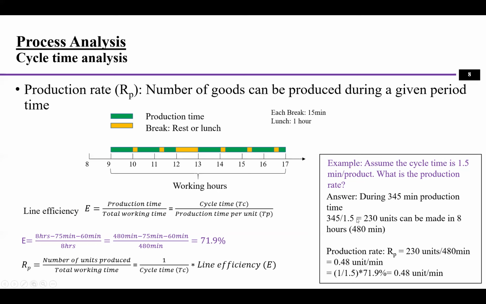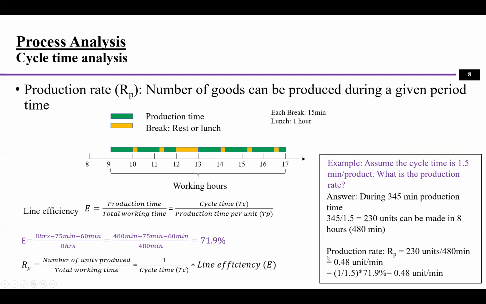We get 230 units that can be made in 8 hours, right? Because this is the actual time divided by the cycle time. We know how many units can be made.